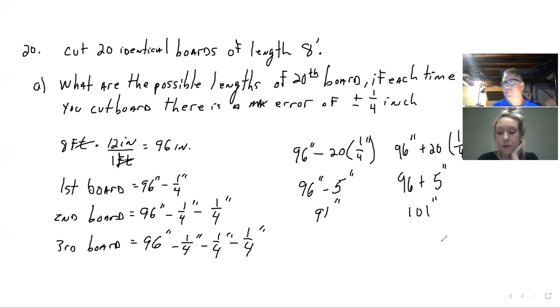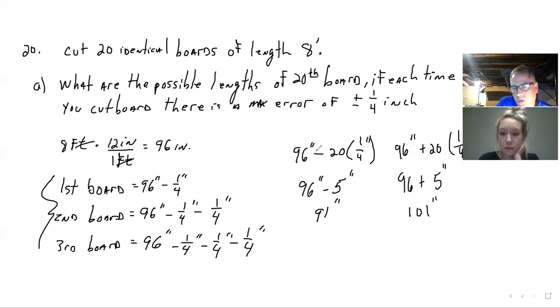Okay. So it doesn't matter which one you do, you have to figure out both. I only wrote this out just to get an idea of why I was saying times 20. That was just to get the pattern down.